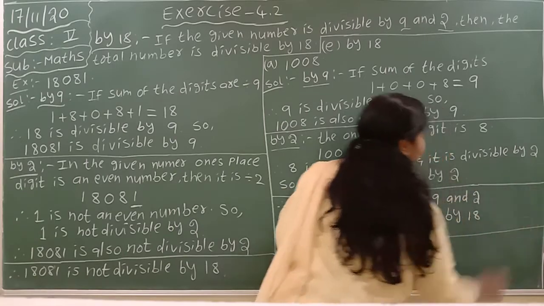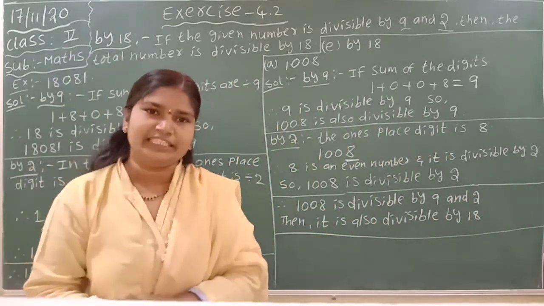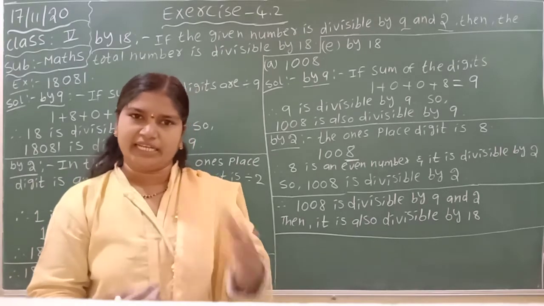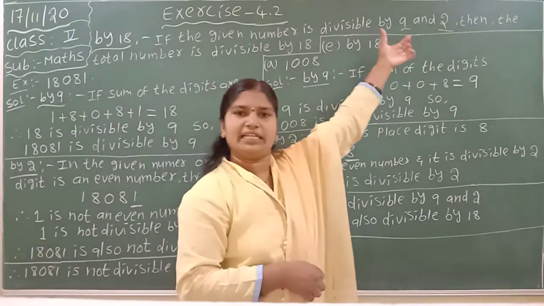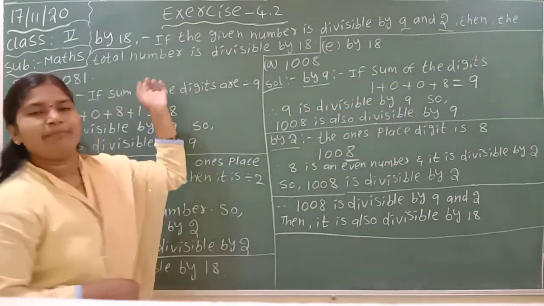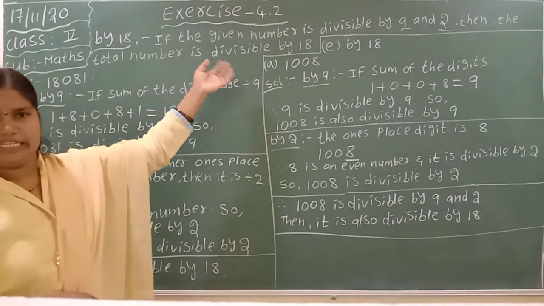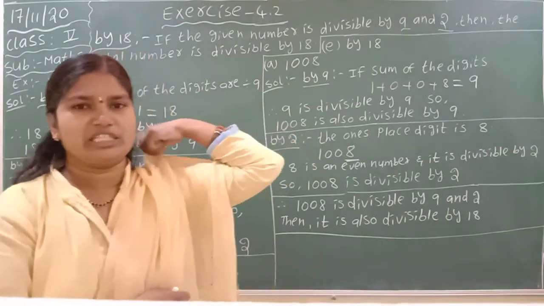Okay, children. Like this, you have to check. What is divisible by 18, children? I am repeating once again. Listen. If the given number is divisible by the 9 table and 2 table, then the total number is divisible by 18. Without doing actual division, we have to say this directly.